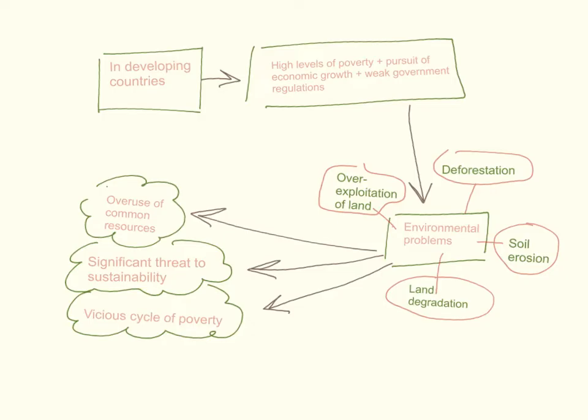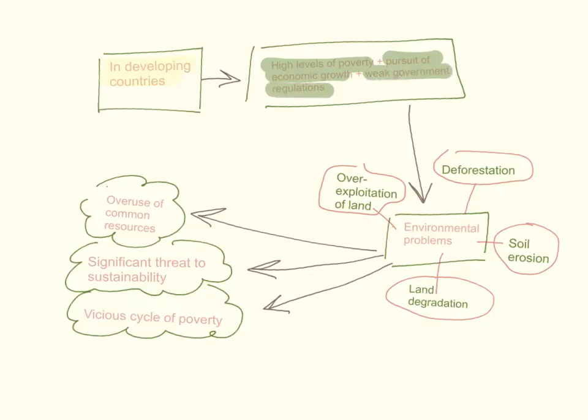So let's have a look at an example. If we take a look in developing countries, so countries that are still developing and have some poverty, because of the high levels of poverty present in those countries, and of course their governments are committed to the pursuit of economic growth, and usually you find weak government regulations.